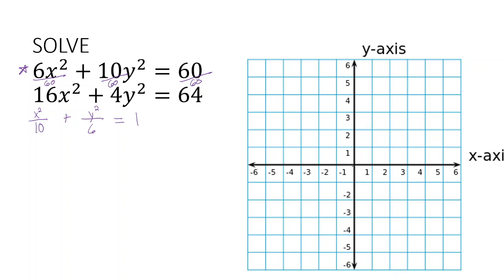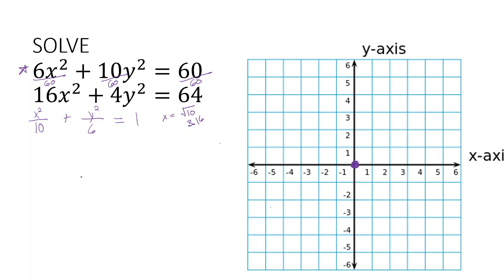That means my center is at 0, 0. That's kind of the nice thing about what we've encountered so far. But my x value, or my major axis, is going to be the square root of 10, which is approximately 3.16.